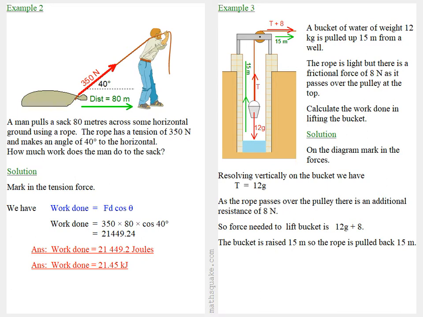So the work done is the force times the distance moved. They're both in the same direction. So the work done is 12G plus 8 times 15, and G is 9.8, so that works out to be 1,884. So the work done is 1,884 joules.